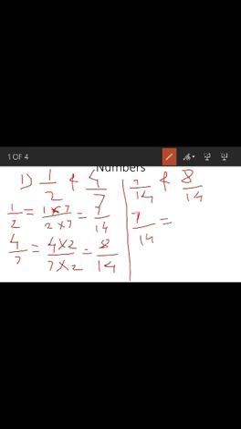7 upon 14 is equal to 7 multiplied by 10 and 14 multiplied by 10, so we get 70 upon 140.